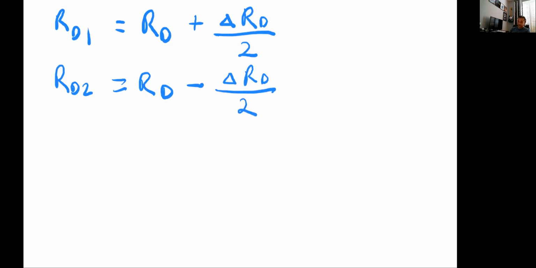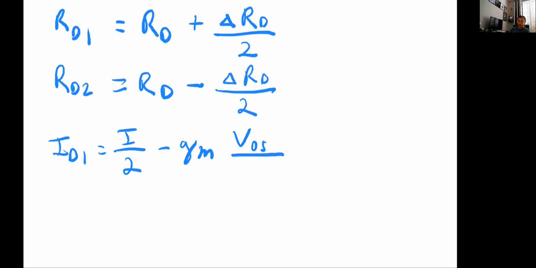And if we go with that, I can also write a drain current for transistor 1. That's going to be the bias current divided by 2 minus GM times the offset voltage, because the drain current gives me the offset voltage as it develops that voltage across RD.